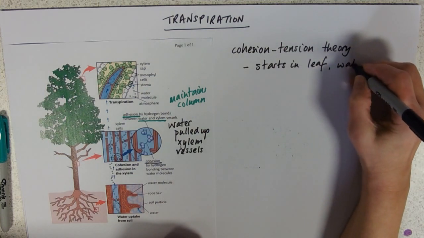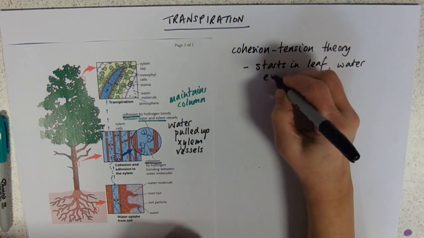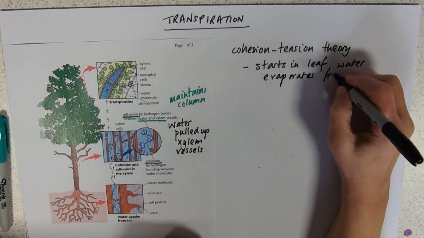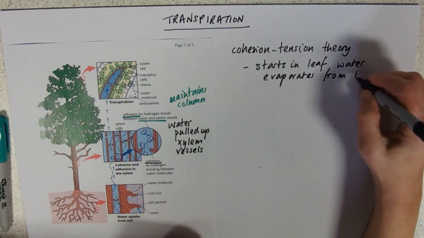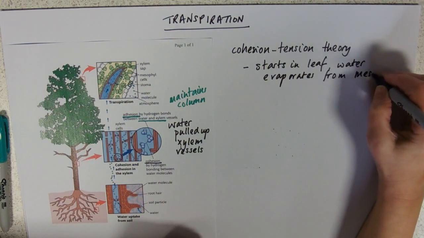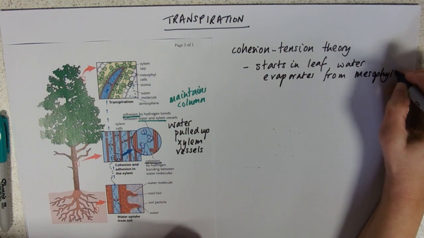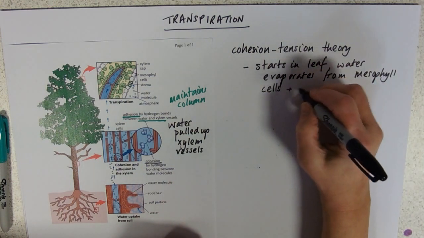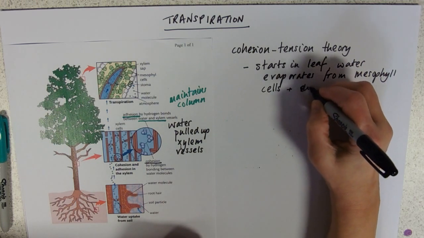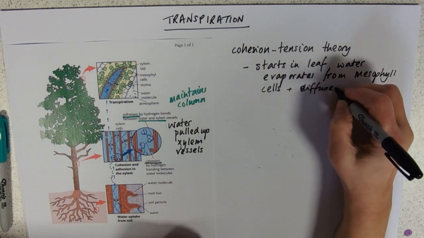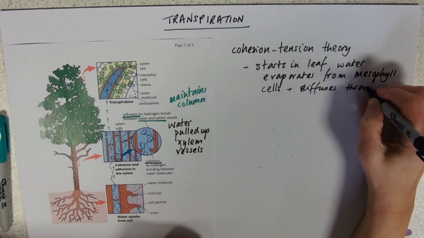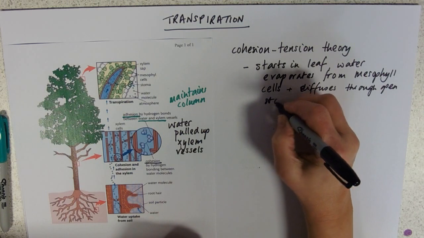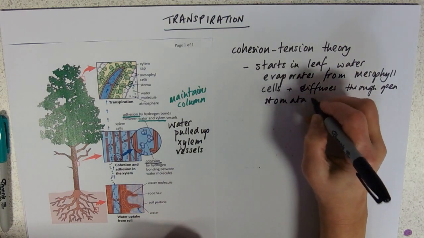So, describing it, water evaporates from mesophyll cells. You don't need to distinguish between them, and diffuses through open stomata.